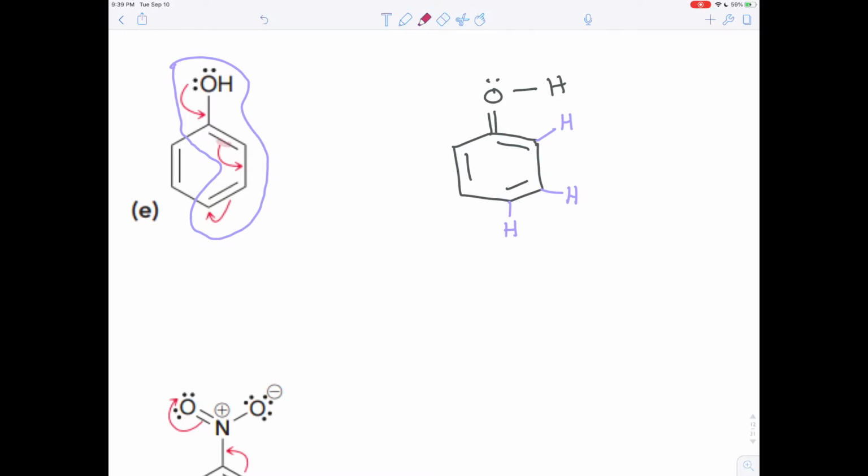Any place where there is the tail of a curved arrow is a place where electrons are moving away from, and so you erase the electrons there. Any place where the head of a curved arrow is pointing is a place where electrons are arriving. If it's pointing at a bond, then you draw a bond.